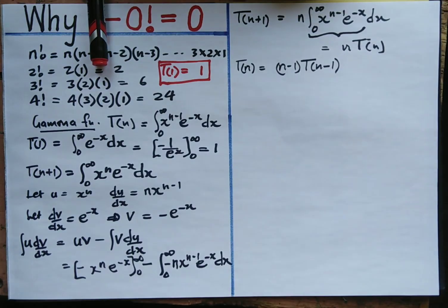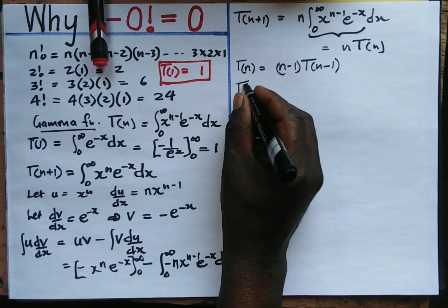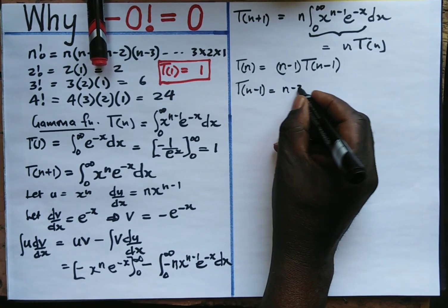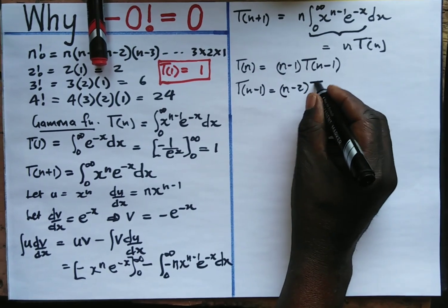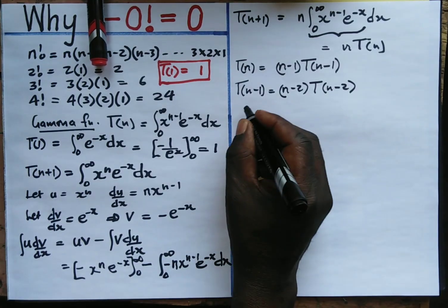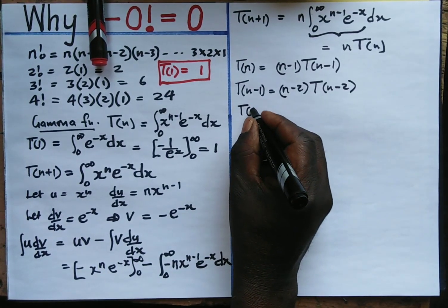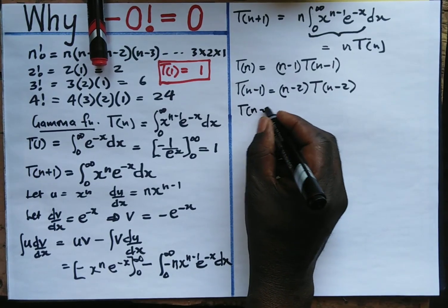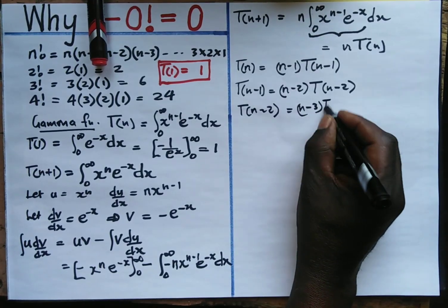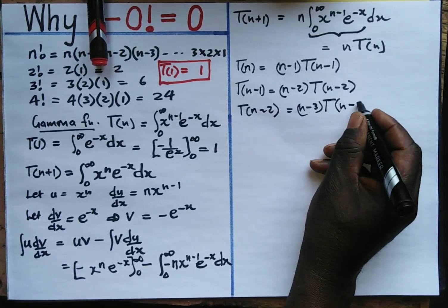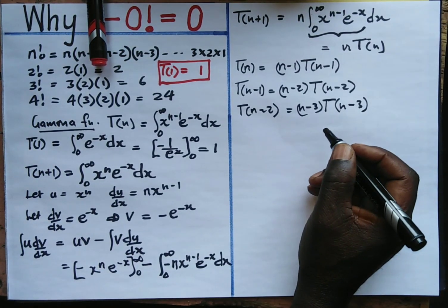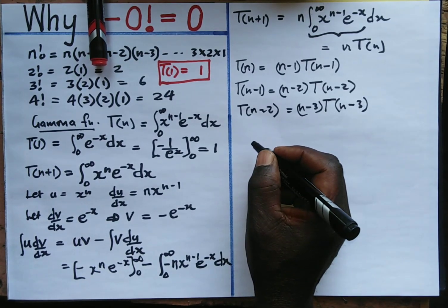Similarly, gamma of n minus 1 is equal to n minus 2 multiplied by gamma of n minus 2. Again, gamma of n minus 2 itself is equal to n minus 3 gamma of n minus 3, and so on. So this goes all the way down until we get to gamma of 1.